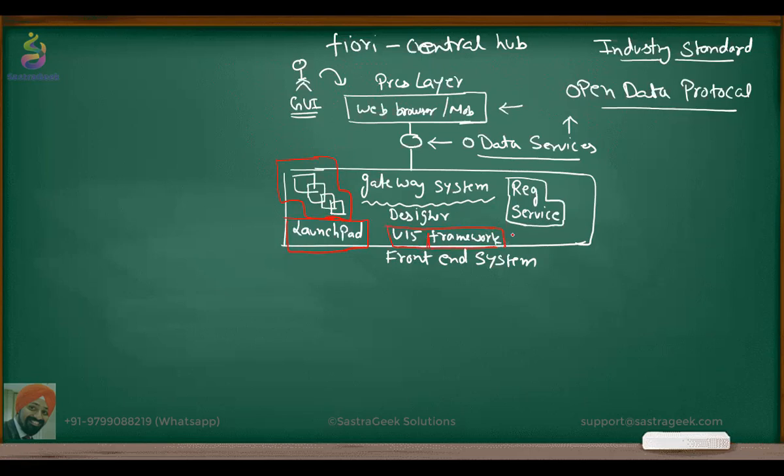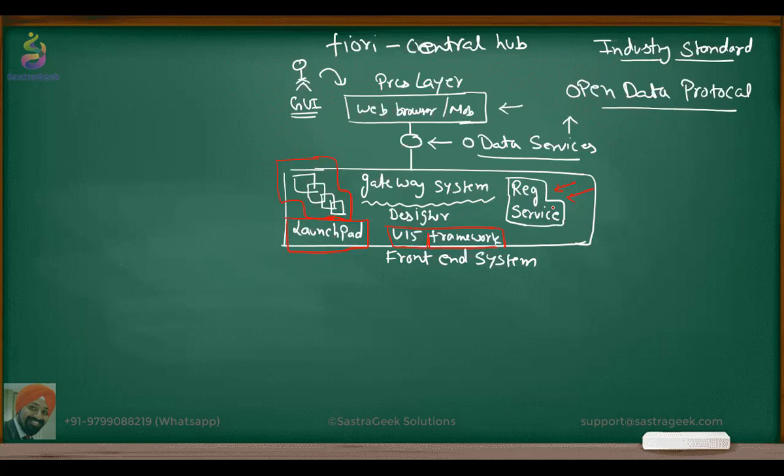And your registration of the services is available. It doesn't have any of your standard ABAP code which has been used to expose the data. It just has a registration of the services and all of your front-end components which will be required to use your application on a mobile or a web browser.